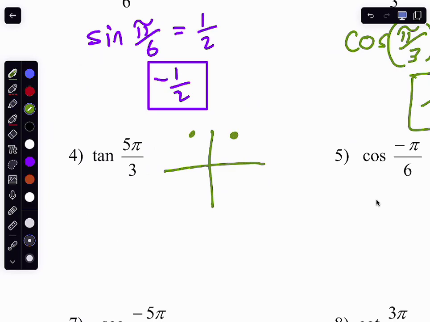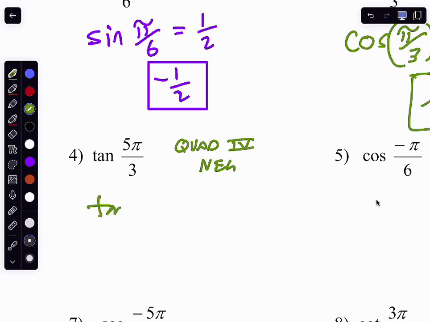When you count that, go like this: 1/3, 2/3, 3/3, and check to make sure that's equal to 1 pi. 4/3, 5/3, and then check if I do one more, that's 6/3, which is 2 pi. So it's in quadrant 4. Tangent's negative in quadrant 4, it's positive in quadrant 3.